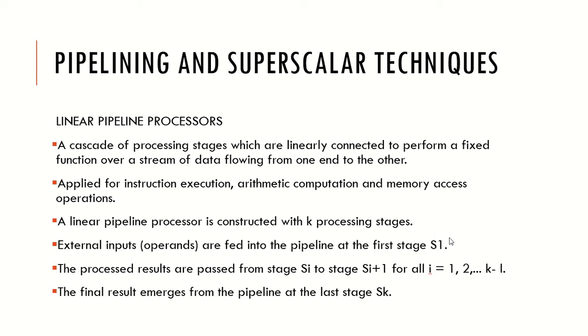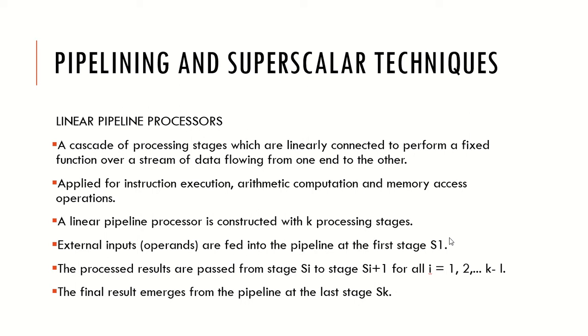The processed result available with stage Si will be given to stage Si plus 1 as its input. In a k stage pipeline, the final result will always be available with the last stage of the pipeline, which is stage number k.